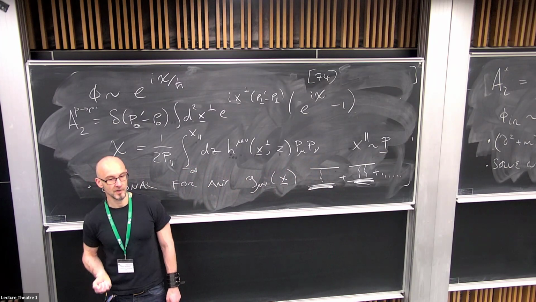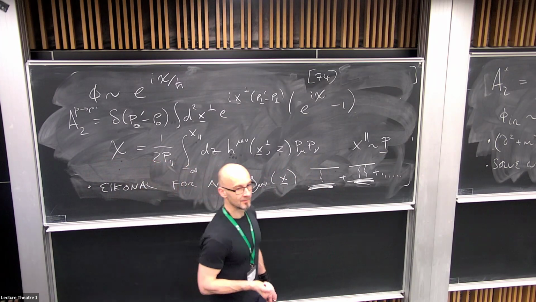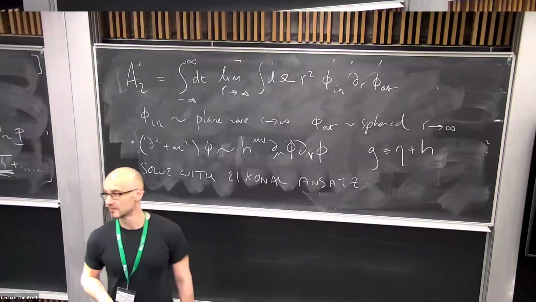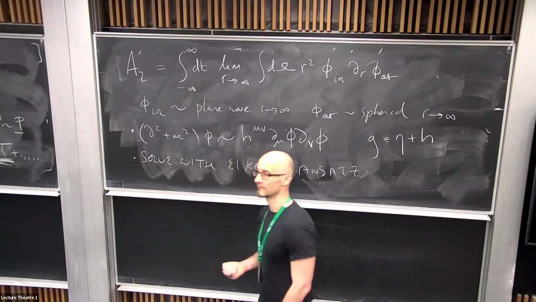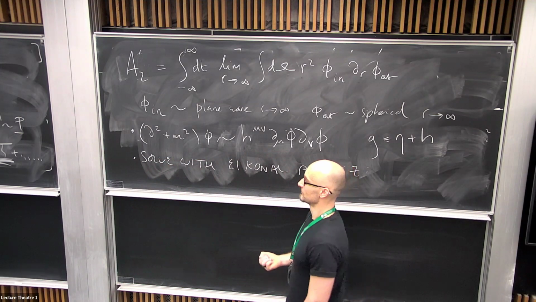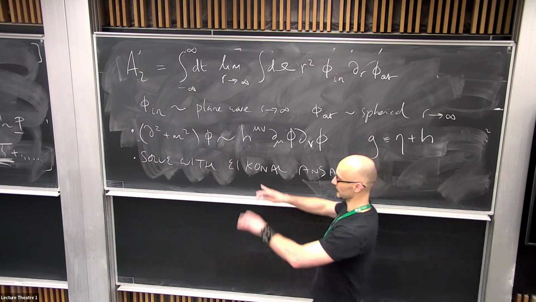Maybe another question. You were saying in order to go to one loop, to check this exponentiation that you can put the string upstairs, you have one half chi squared at one loop. So what would be the prescription to do the one loop calculation in this setup?